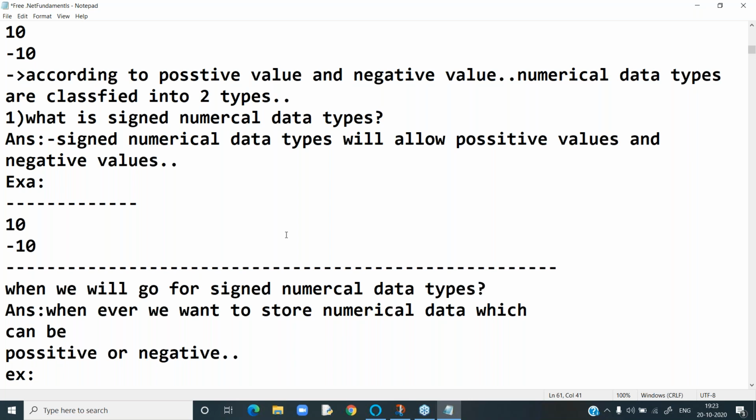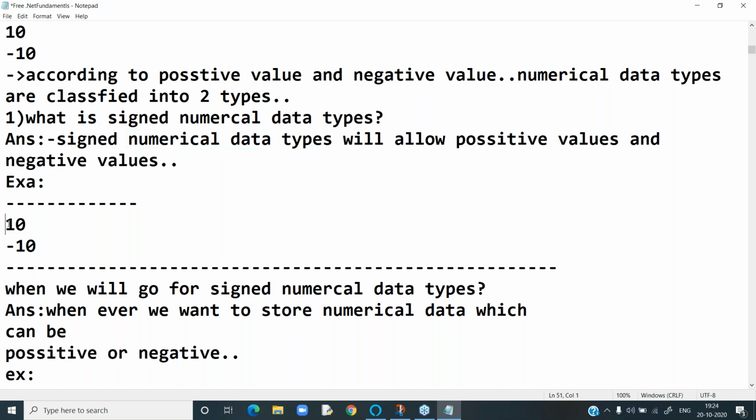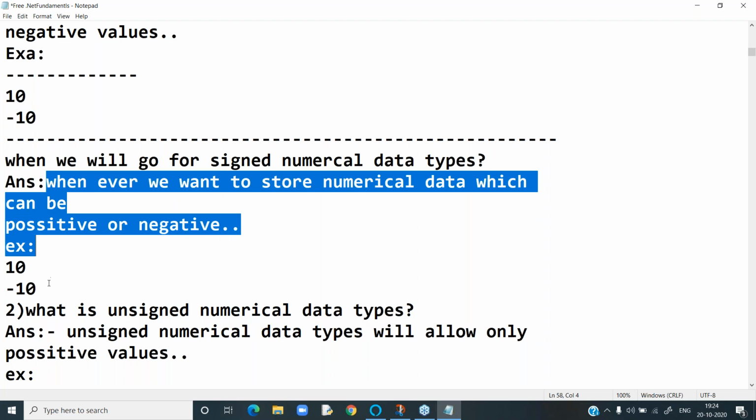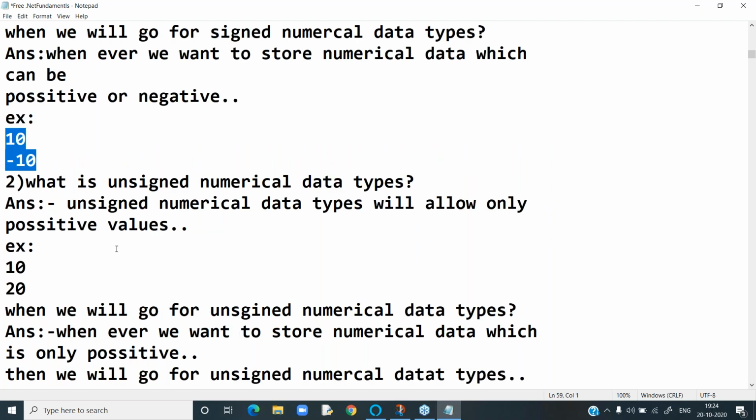Signed numerical data types will allow positive values and negative values, that is 10 and minus 10. We go for signed numerical data types whenever we want to store numerical data which can be positive or negative. And what are unsigned numerical data types?